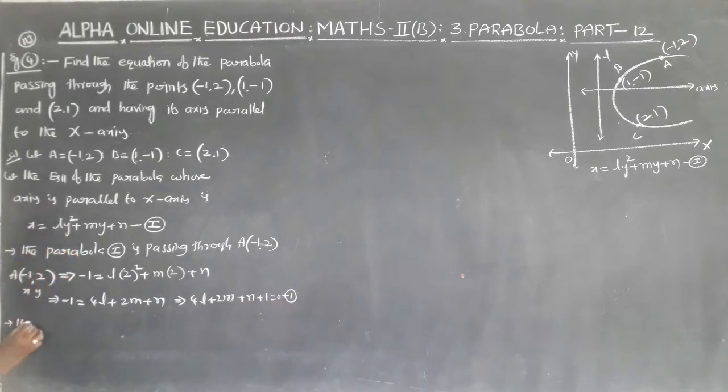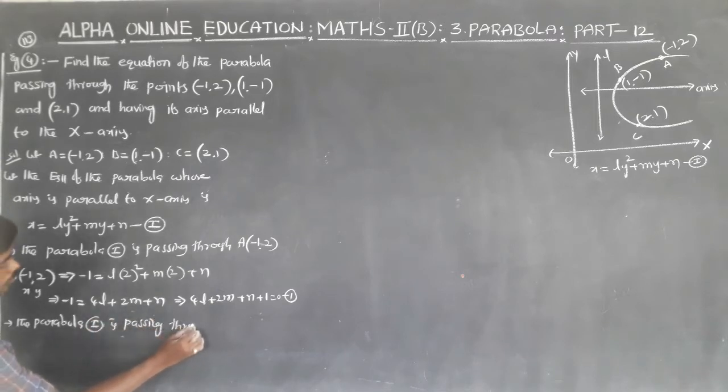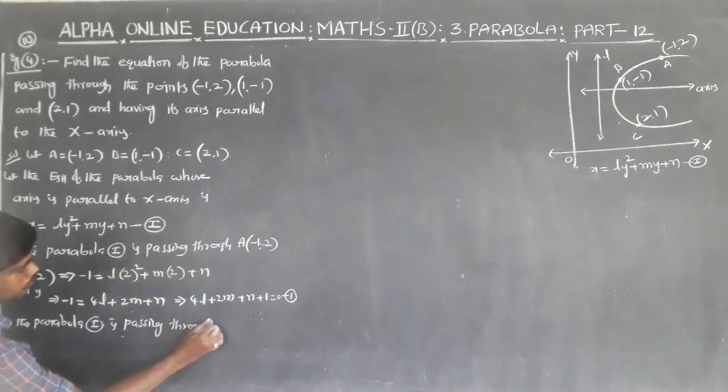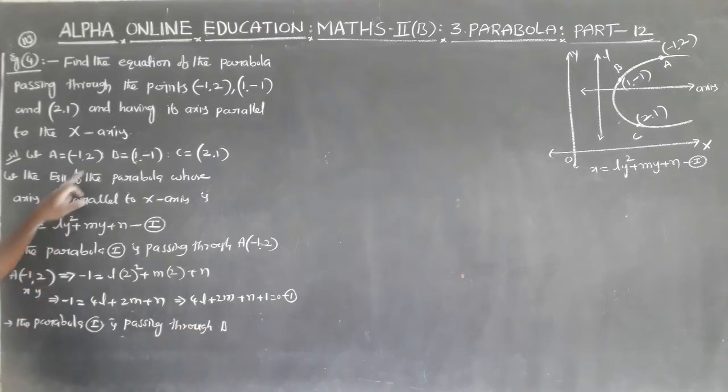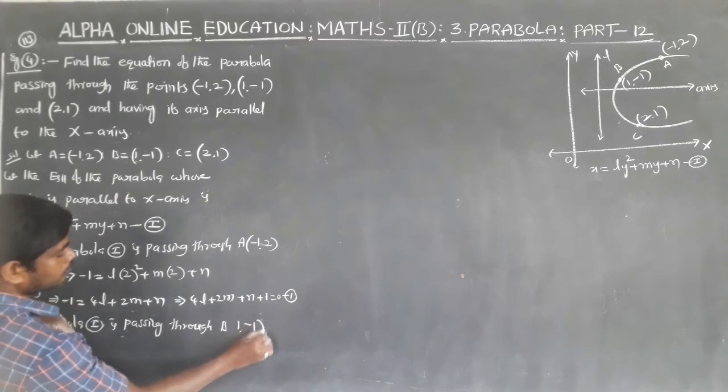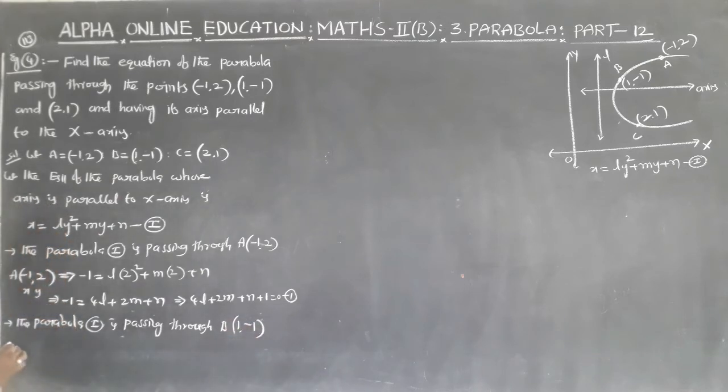Next, parabola 1 is passing through the B point (1, -1). B (1, -1) is a point lying on parabola 1.